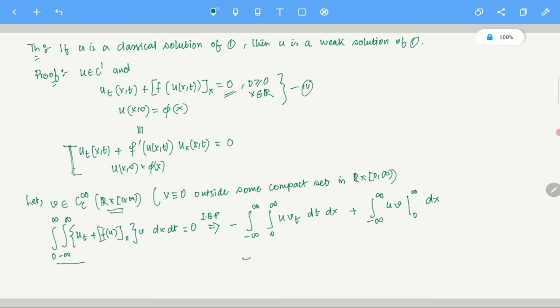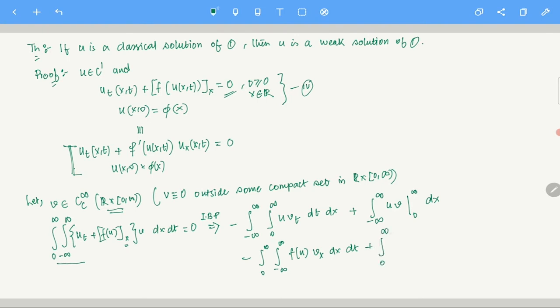Plus let's look at the second term. Here also, for the second term, it is 0 to infinity and minus infinity to infinity. This derivative can be dropped onto v, so minus f of u times v_x dx dt. But there is a boundary term here again.